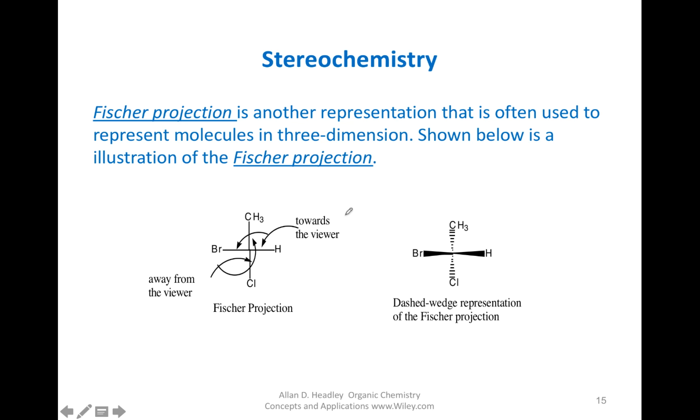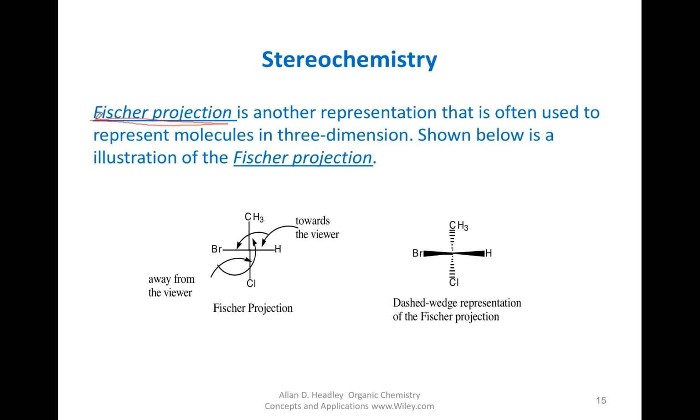Okay, here is another aspect. What happens in 3D is that every so often a chemist comes around and says, well, gee, I have a much easier way of representing molecules in 3D on paper, or in 2D. And Fischer came up with another representation. This is not the dashed wedge. It's called the Fischer projection.